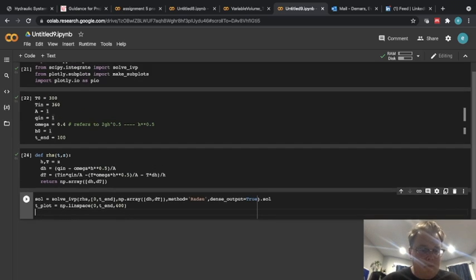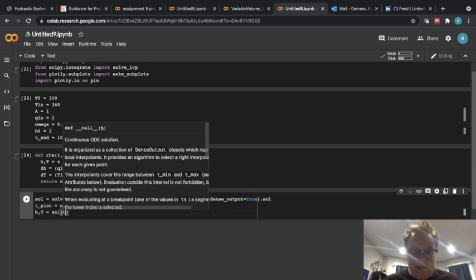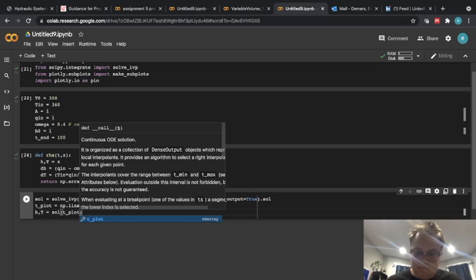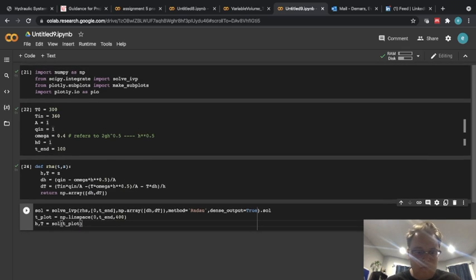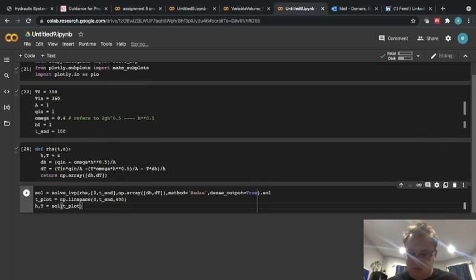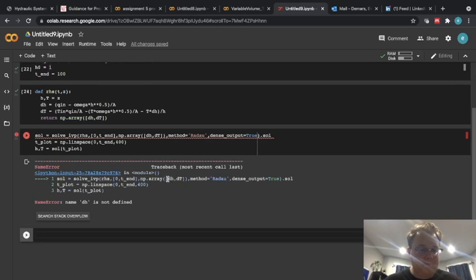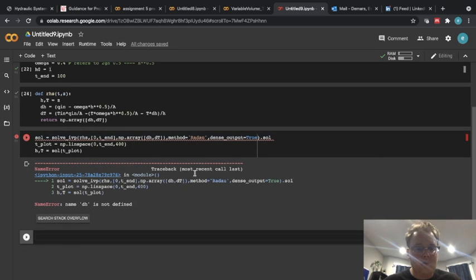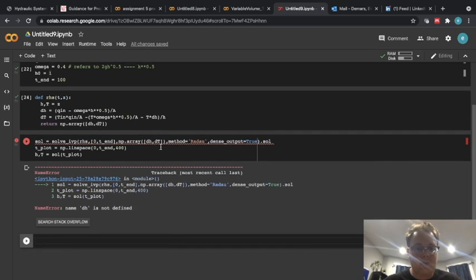And then my height and temperature will be set up through the solution of my time plot. Shift enter. It says dH is not defined.